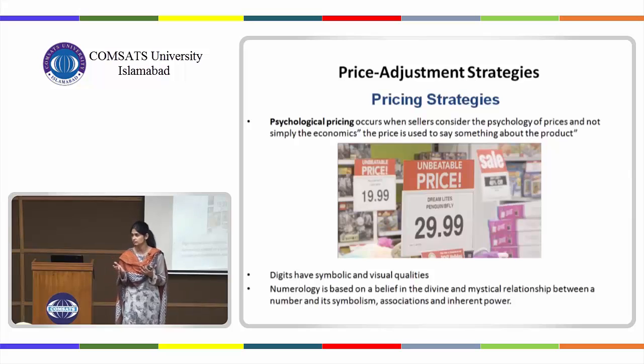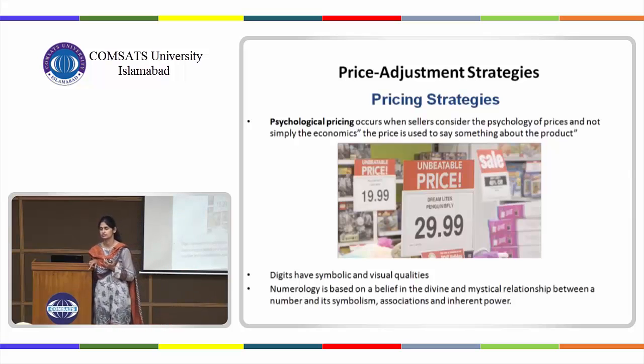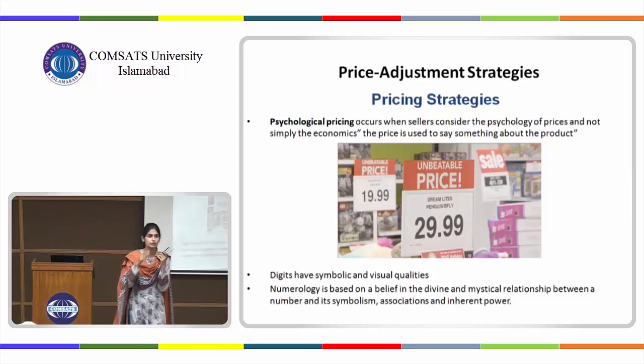For example, if I have to pay 100 rupees for juice or 99.99, then I would think 99.99 is in the 90s, so I would buy. Right. So your reference point changes with the digit. If it's 29.99, that means your reference point would be the 20s, and it would somehow appear cheaper than something that is priced at rupees 30 because the range of number changes. So that is psychological pricing. Your reference point changes with the pricing that has been done.